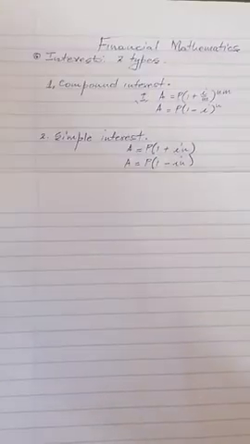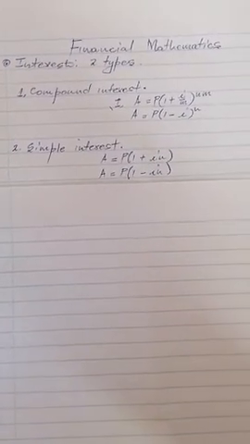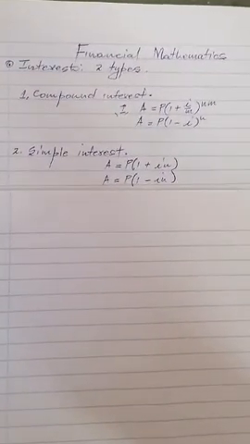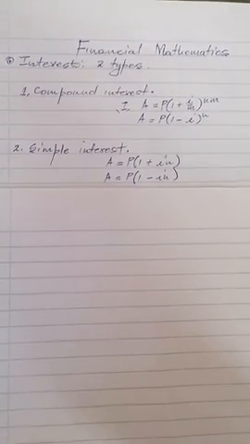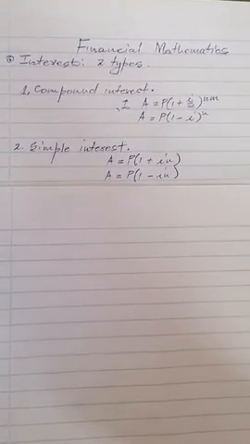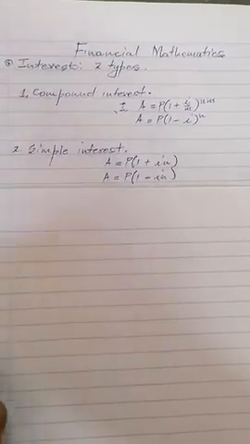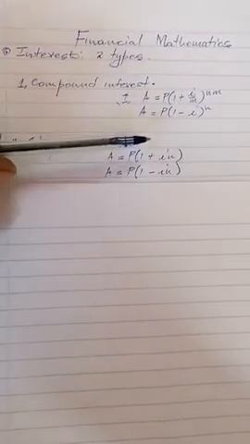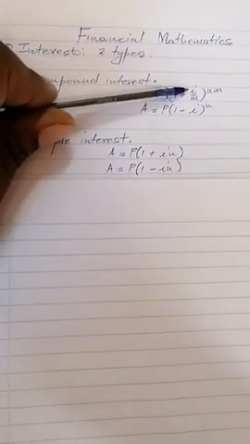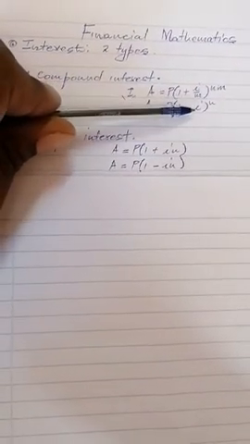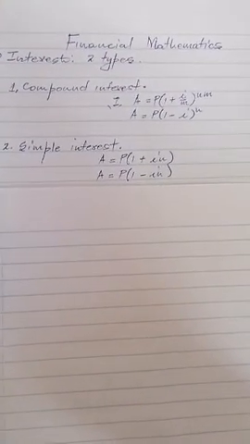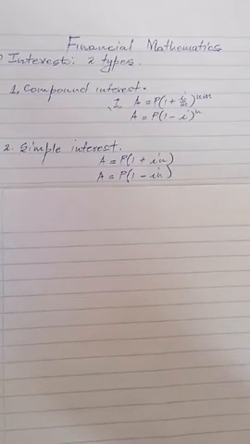Okay, folks. Now, this is what you are supposed to know as far as interest is charged or interest is added. Now, moving on, remember that the i here and the i there is what we refer to as nominal.